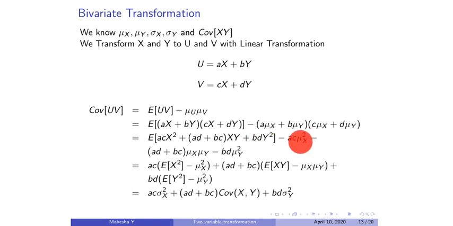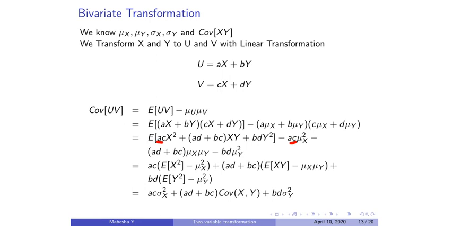Similarly here also ac mu x square, ad mu x mu y, bc mu x mu y, so ad plus bc mu x mu y, plus bd mu y whole square. So all things are minus, so I am subtracting each element individually. Now if you see here, this is ac, this is ac, and this one also ac.